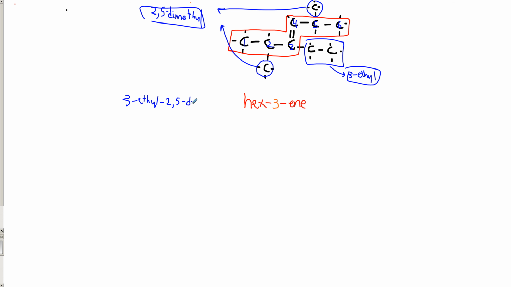And I'm just going to drag this over, make it a little bit bigger so it fits the theme. Looks almost the same writing now. So this molecule, these names start to get very long. So it's 3-ethyl, 2,5-dimethyl, hex 3-ene.